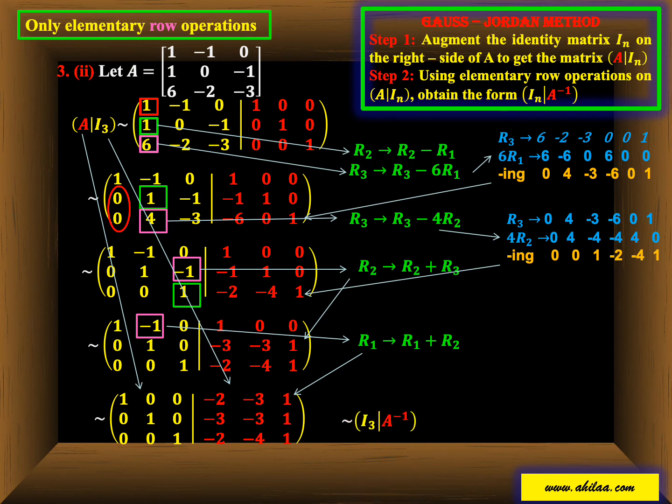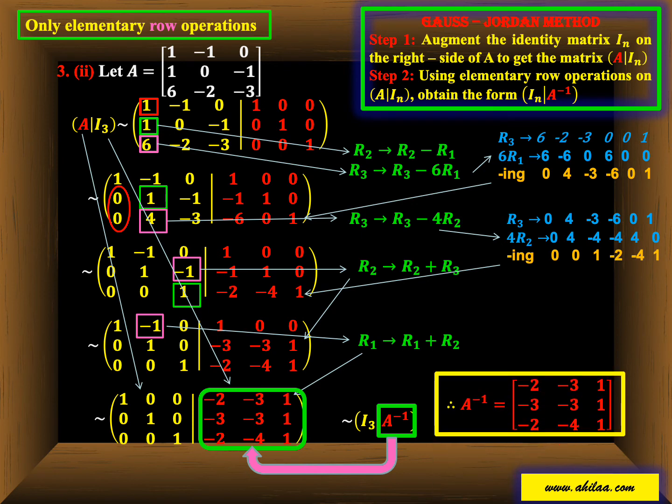Now this is the transformed form, I3 bar A inverse. So A inverse is the corresponding matrix minus 2 minus 3 1, minus 3 minus 3 1, minus 2 minus 4 1. Understood? Fine.